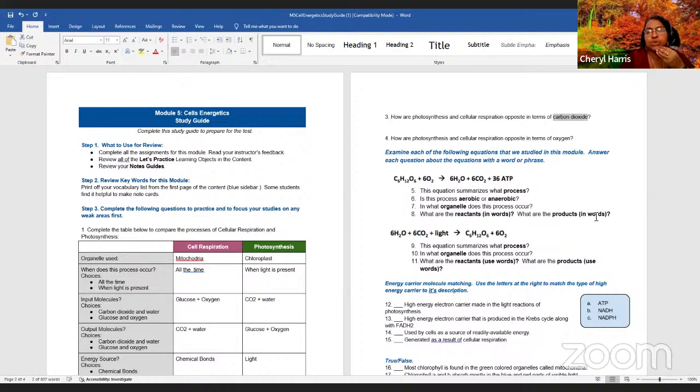What do you notice? How would you describe what carbon dioxide is doing in each of those equations in order to say how they are the opposite of each other? And this is a popular question on tests, so you need to really understand that.